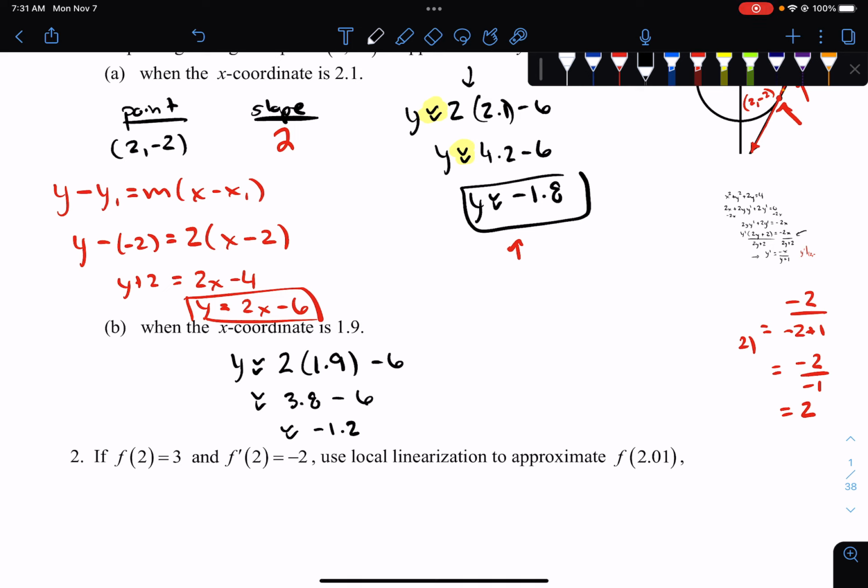All right. And again, we're just approximating, and a lot of times that's okay if you're just trying to get an idea. Obviously, this isn't going to work if you're looking for an exact answer, but it's going to work if you're looking for something close.